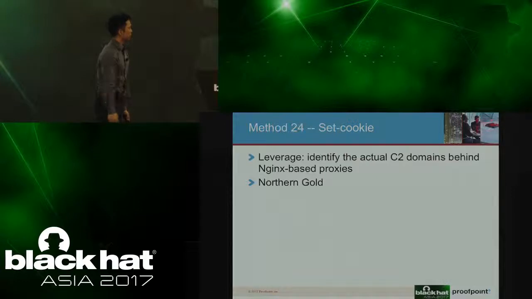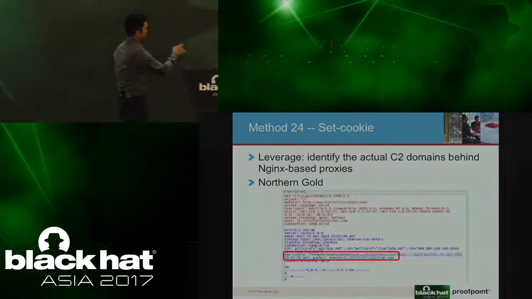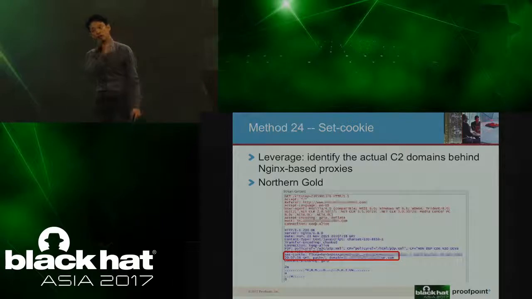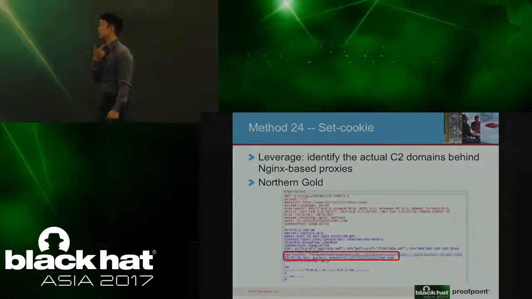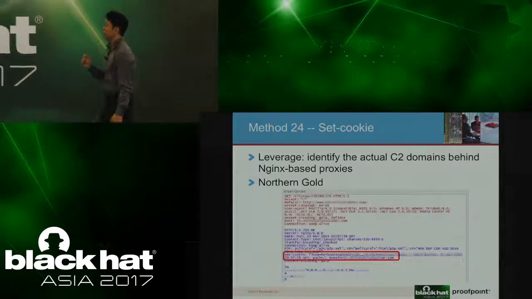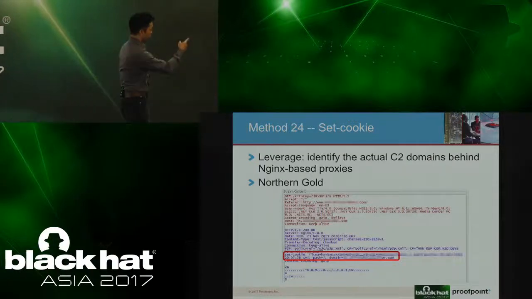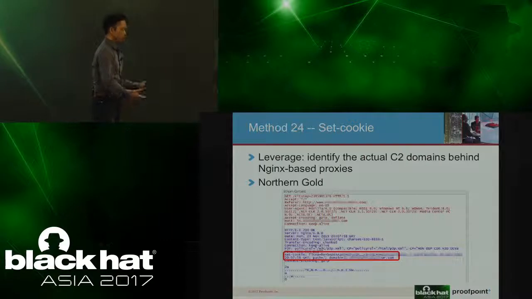One thing that was successful for us was the Set-Cookie HTTP response header, right? So if they're setting any cookies, then from the Set-Cookie HTTP response header, you would be able to know the actual C2 server's domain name, and it worked very well for us, for example, for Northern Gold.